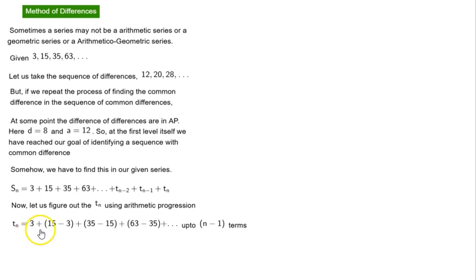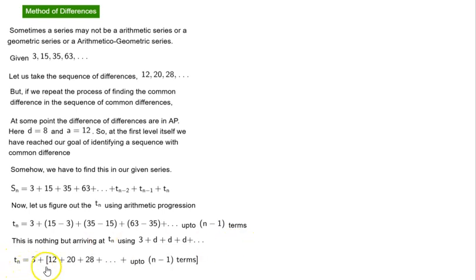So 3 plus 15 minus 3 plus 35 minus 15 plus 63 minus 35 plus so on up to the n minus 1th term, because t sub n is not there; we are trying to figure out what the nth term is. So this is nothing but arriving at t sub n using 3 plus d plus d plus d and so on. So we have t sub n equal to 3 plus 12 plus 20 plus 28 plus and so on up to n minus 1 terms.